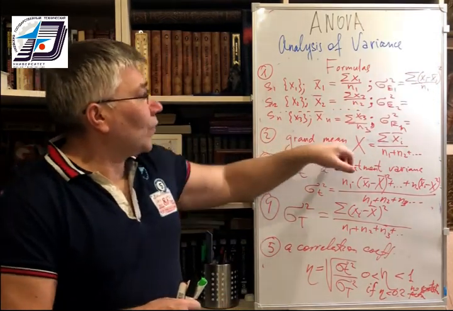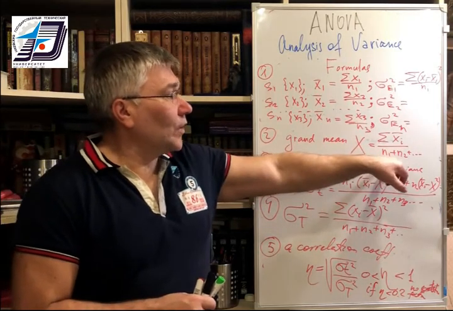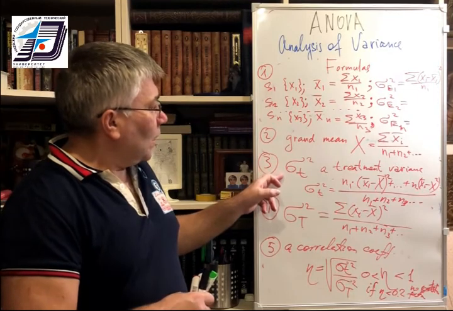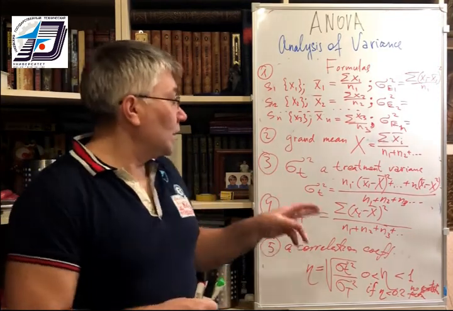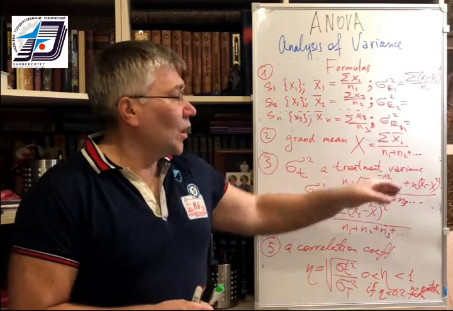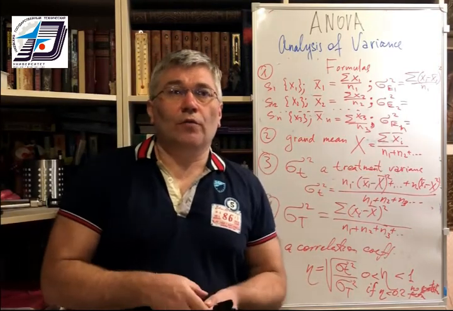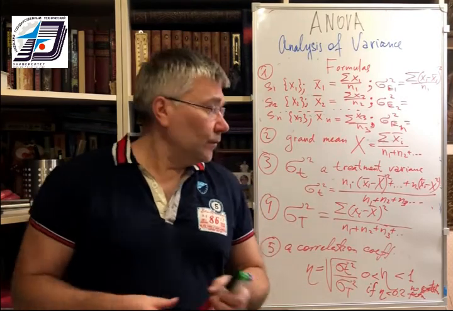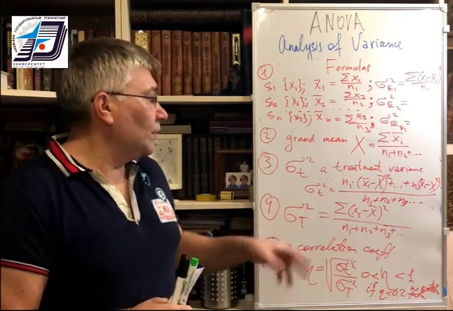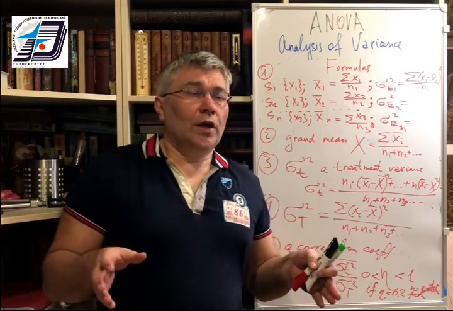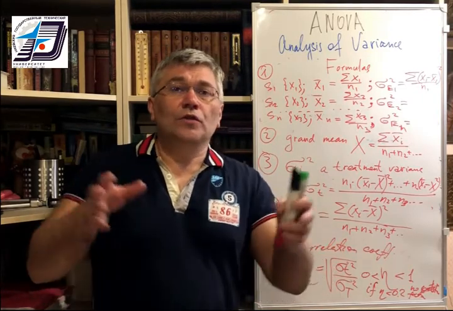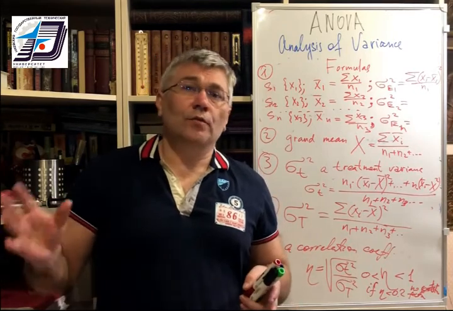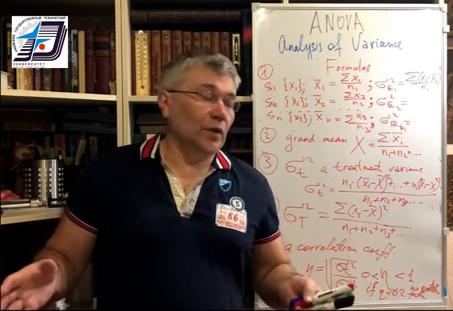Then you have to calculate the grand mean. You can use this formula. And you have to calculate two extra variances: a treatment variance that gives you the deviation of the sample means from the grand mean, and the total deviation, which gives you all deviations of all observations from the grand mean.